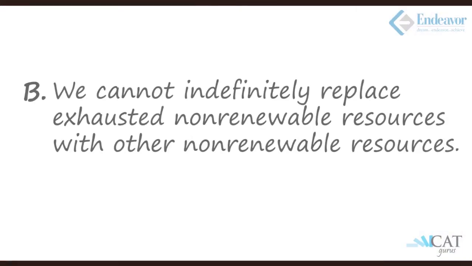Option B, we cannot indefinitely replace exhausted non-renewable resources with other non-renewable resources. This is spot on. The author here wants us to move out. He is giving a justification. Here the assumption is that we cannot replace it, which is correct. Probably this is the answer we are looking forward to. Again, too early to reach out. Let's look at the other three options so that we can conclude or look for a better option.